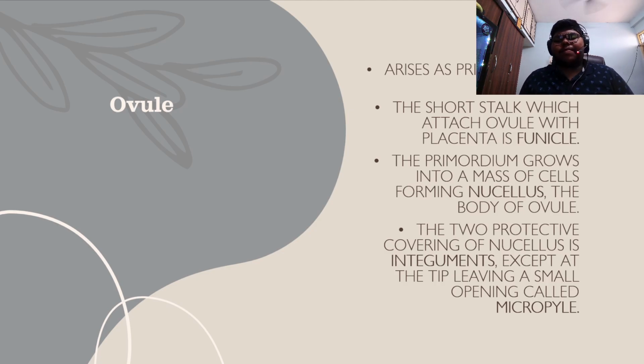The primordium grows to a mass of cells forming nucellus, the body of ovule. Two protective coverings of nucellus are integuments, except at the tip giving a small opening called micropyle.